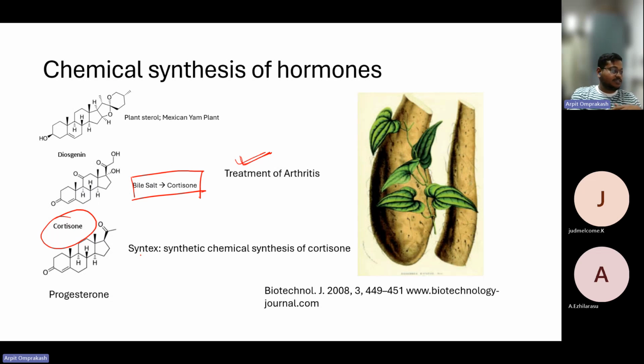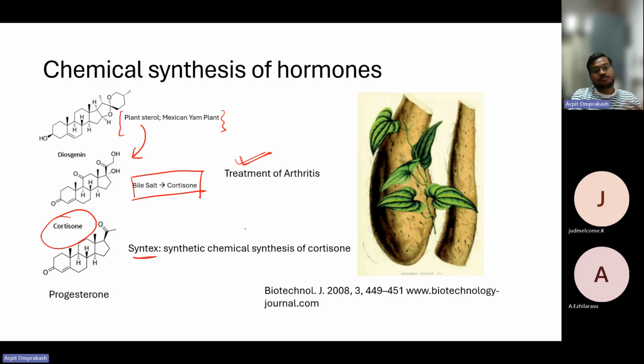Then this company called Syntex came up with another method of chemical synthesis of cortisone using a plant sterol, diosgenin, which is found in the Mexican yam plant, which is shown here. What they found out is that this plant sterol has a slightly similar structure to cortisone, so we can make cortisone from it.